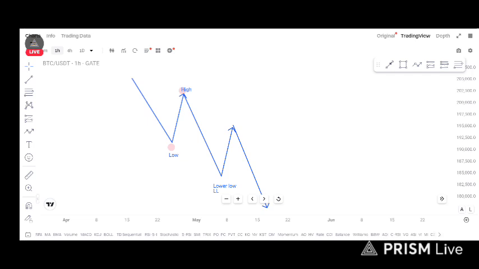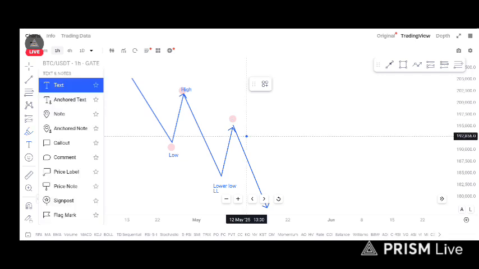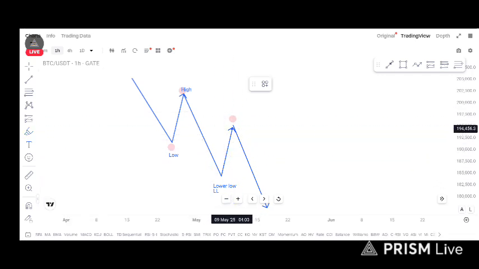Now we created a new what? A new high. We created a new high here. This new high, remember, is lower than this previous high.